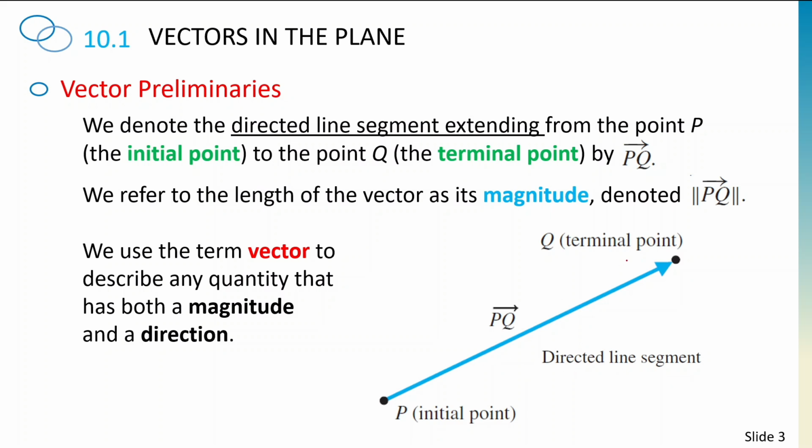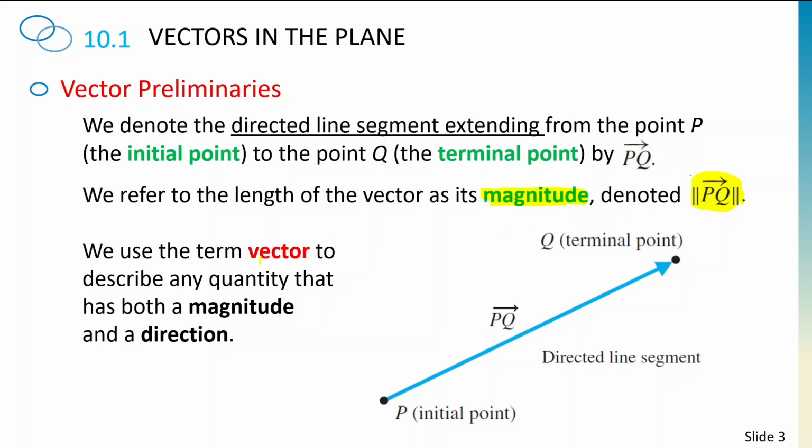The length of this vector, this is what we call the magnitude of this vector, okay? And we use this notation to show that this is the magnitude. It's just like two vertical lines, and in between it's PQ, and the arrow on top, it goes from P to Q. So this is what we use to represent the magnitude of the vector.